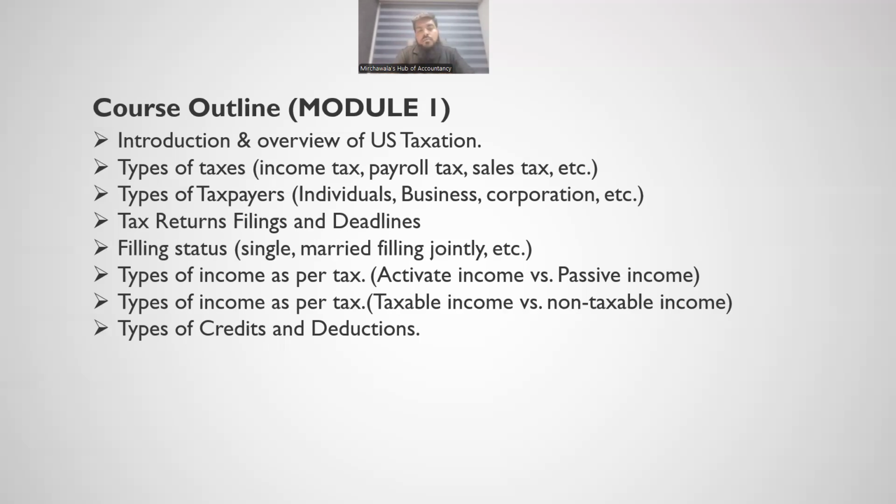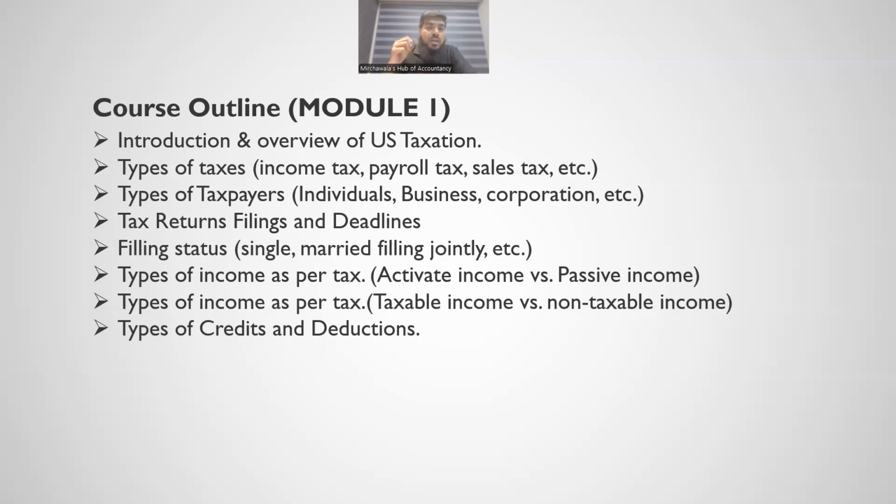Okay. Then we have type of income as per tax. As per tax means like active income, passive income. There are multiple types of income. So let's say if some person is working physically and he's doing a job and putting in his effort, that is active income.